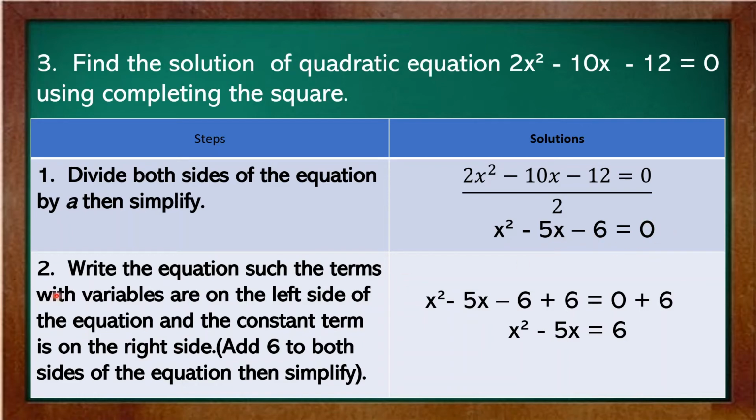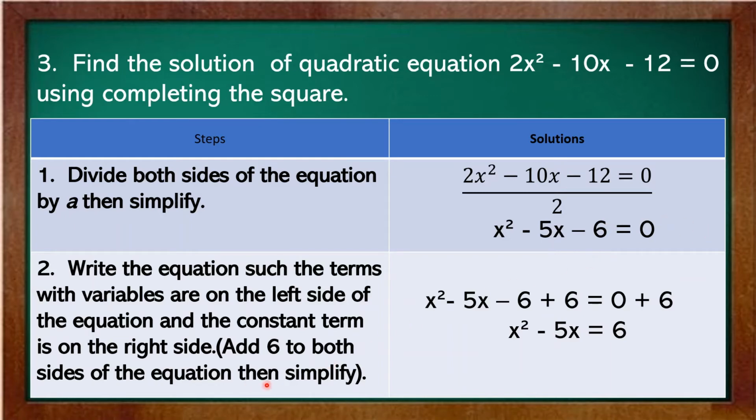Step number 2. Write the equation such that terms with variables are on the left side of the equation and the constant term is on the right side. Our constant term is negative 6. So, we will transpose this into the right side. How?